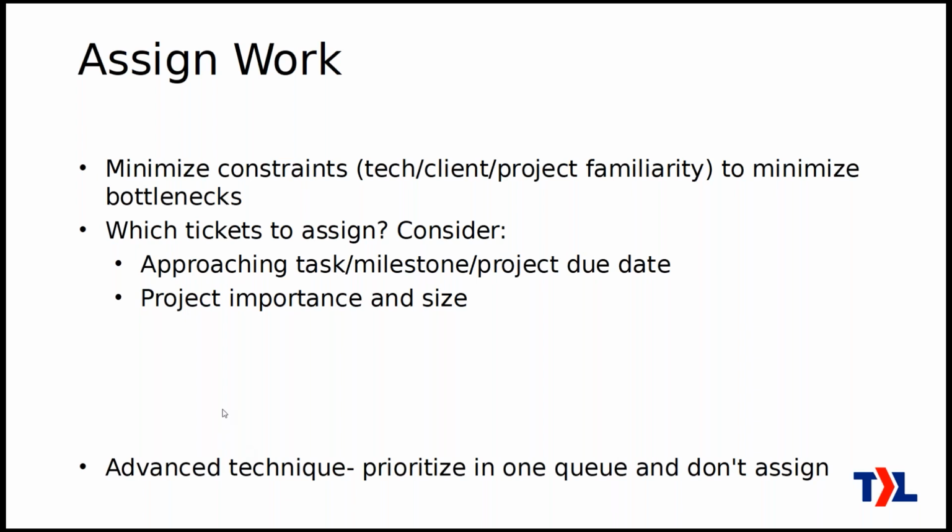Now, an advanced technique is to actually not assign the work, but instead just keep it in a single queue, and let the engineers come when they're ready for new work and then pick off the top of the queue. So your main responsibility as a project manager would be to prioritize that queue, make sure those tickets are in the right order, and then let the engineers work from the top of that queue.